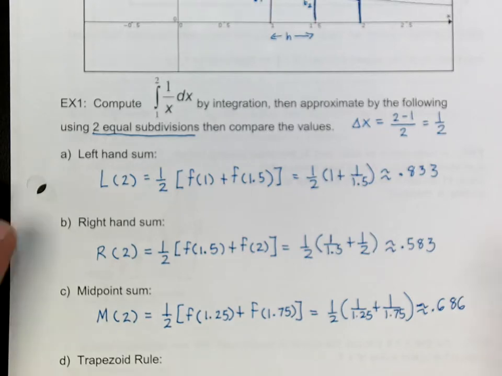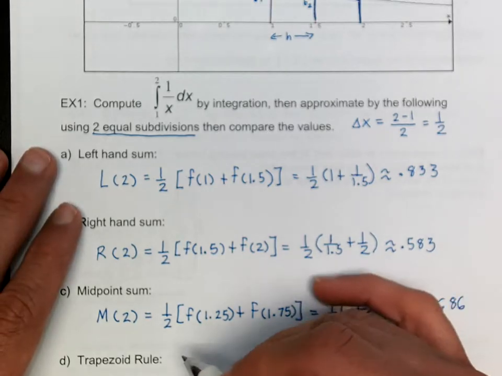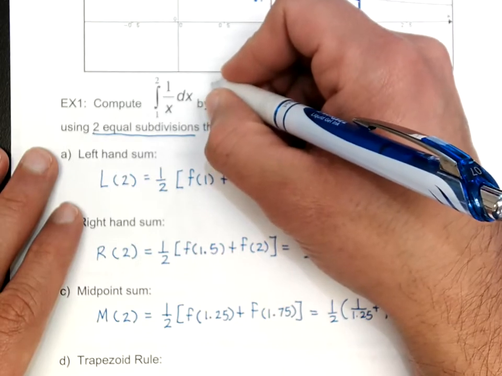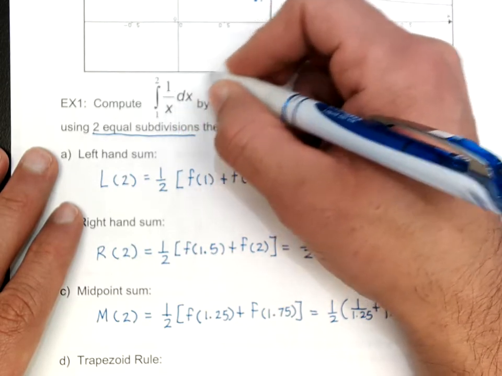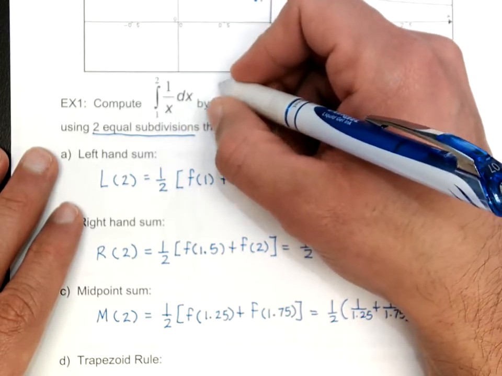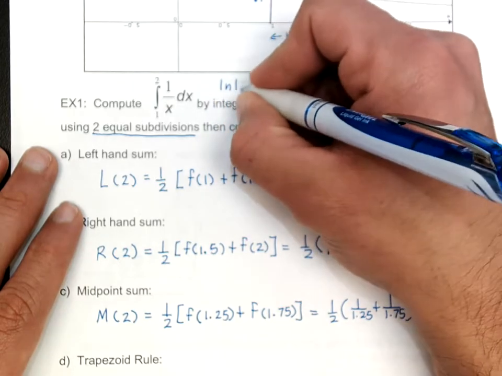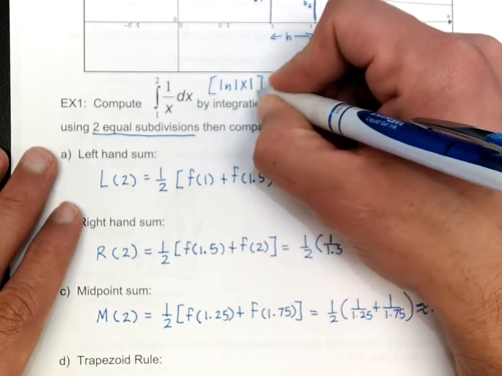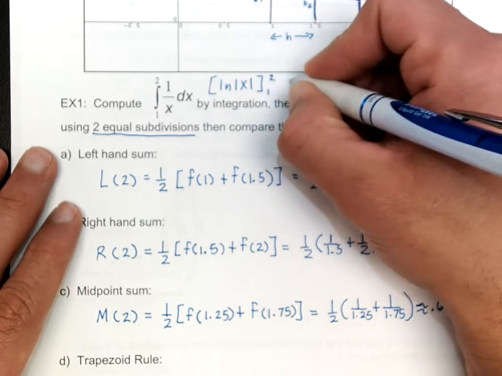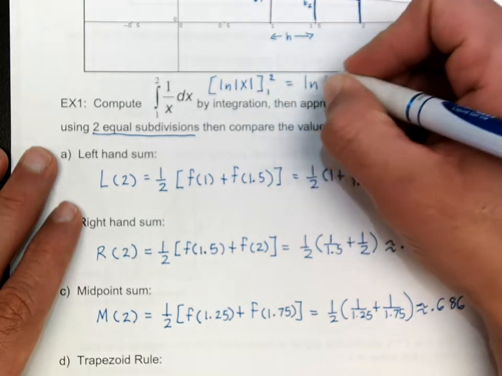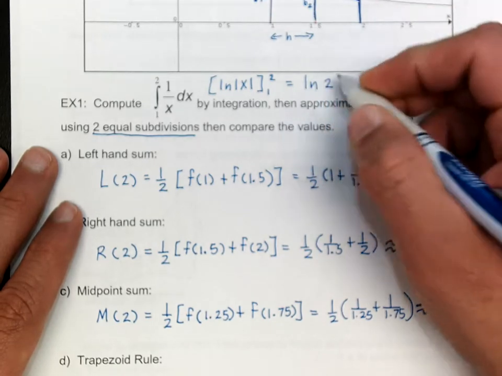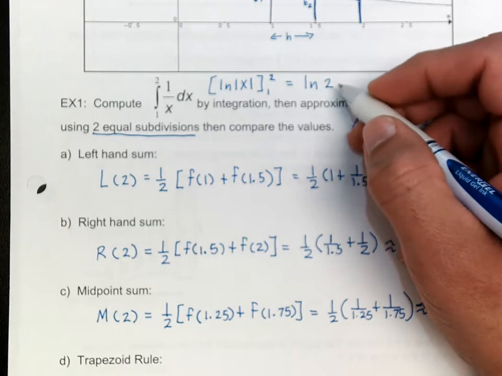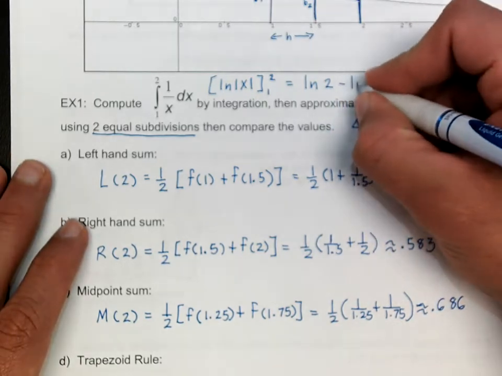However, now we have enough information to be able to solve this by hand. Before I do the trapezoid rule, I want to show you that the antiderivative of 1 over x, or the integral of 1 over x, is just the natural log of the absolute value of x. If we evaluate that between 1 and 2, you would get the natural log of 2 minus the natural log of 1.